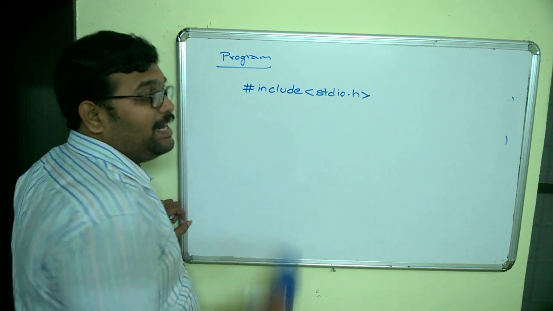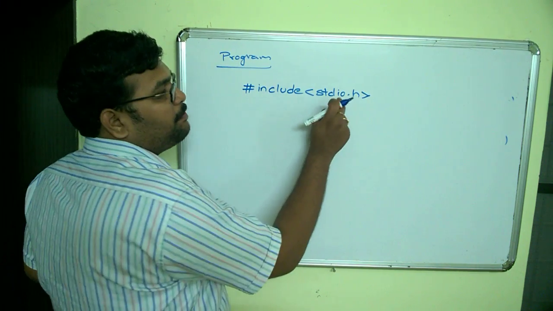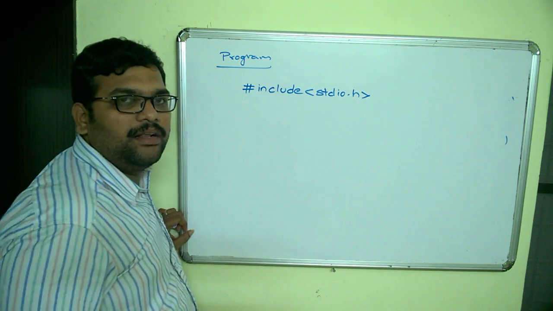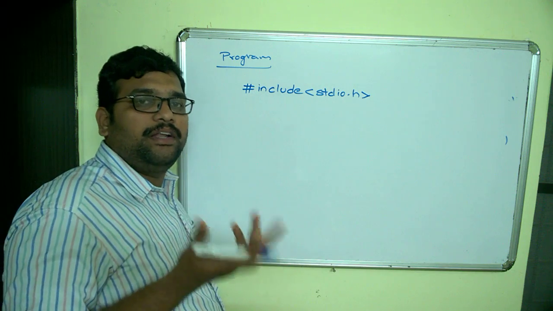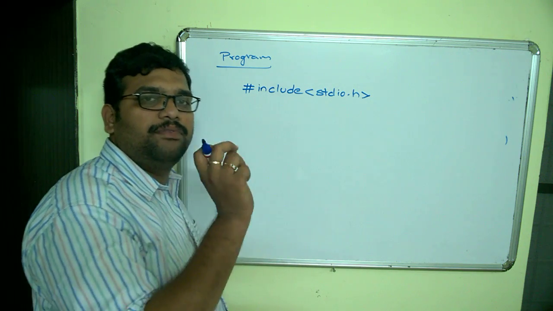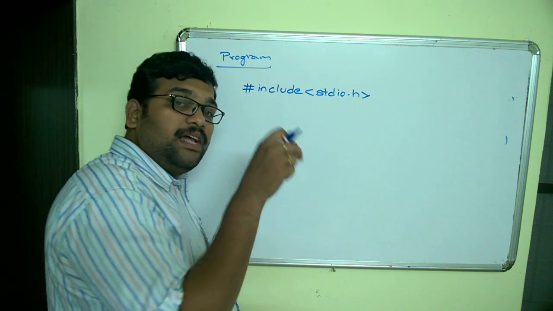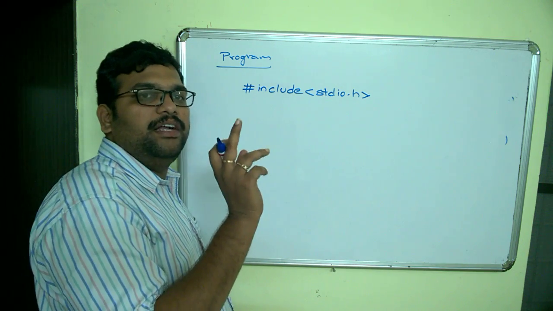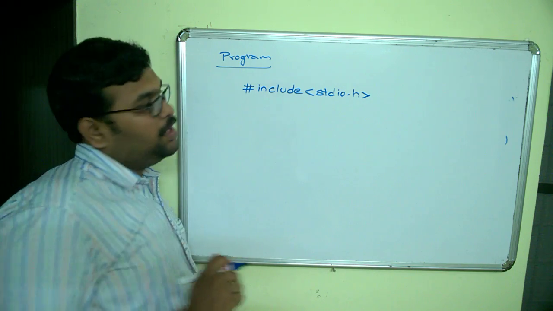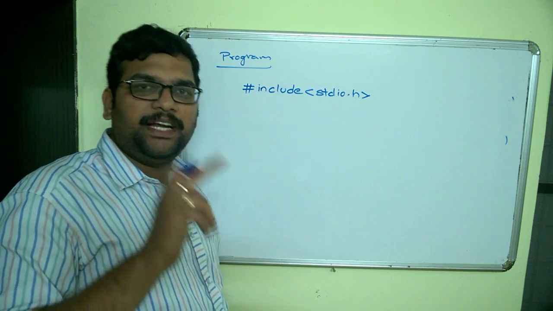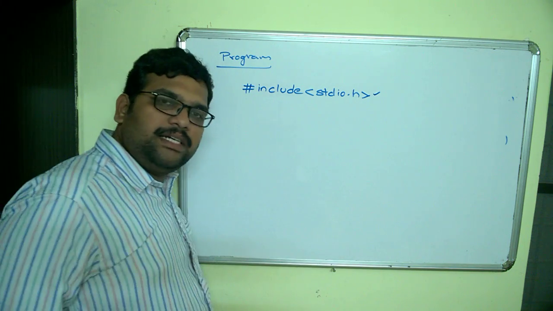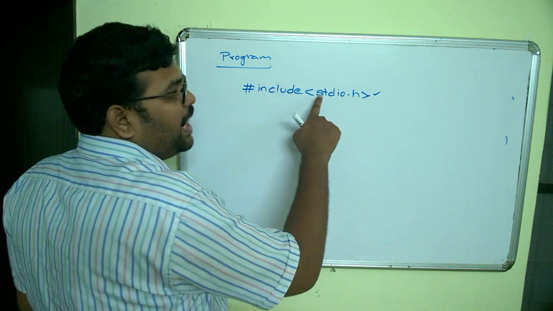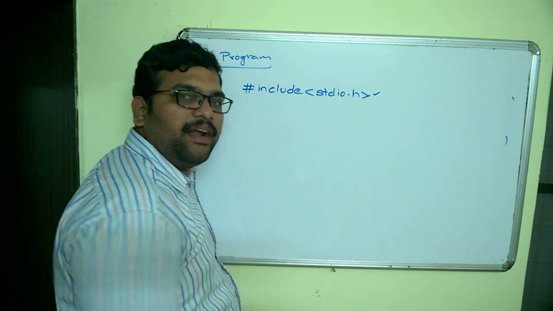All the standard input output functions will be present in this header file. These printf and scanf functions we are not defining in the program, we are just using the words. That means these are predefined functions defined by the compiler itself. So in order to use those printf and scanf functions, we have to include this stdio.h, standard input output header file.